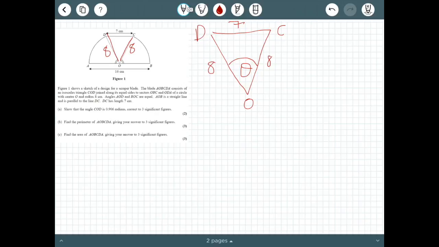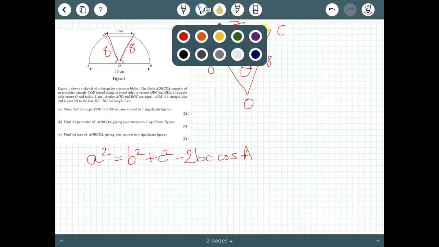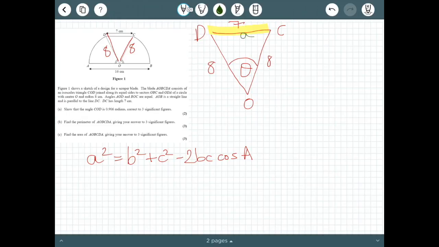If you look at your formula book, you'll see that the cosine rule is a squared equals b squared plus c squared minus 2bc cos A. That's if we're trying to find the length a. Let's label that length as a, because then that would be angle A. B and C don't really matter, you can tell that they're going to be 8 and 8 because they're the same.